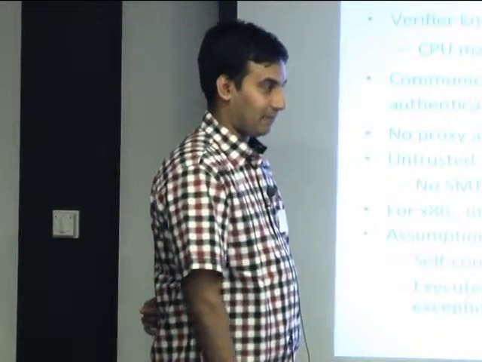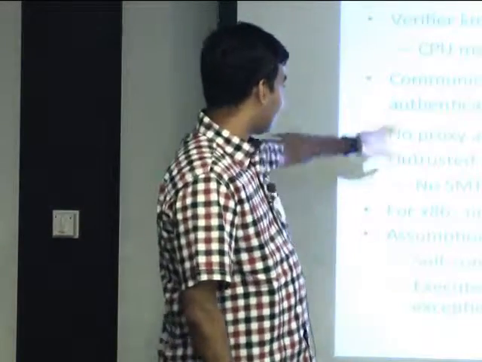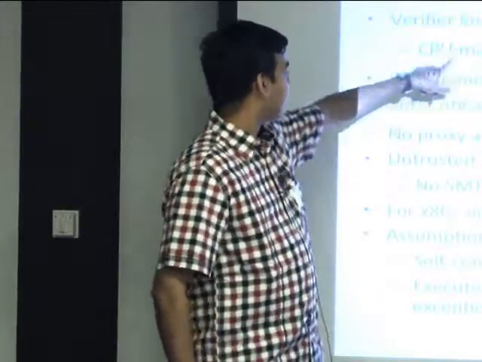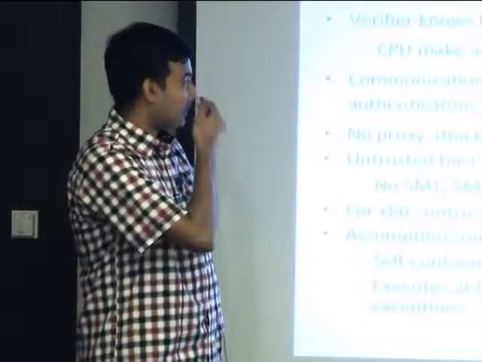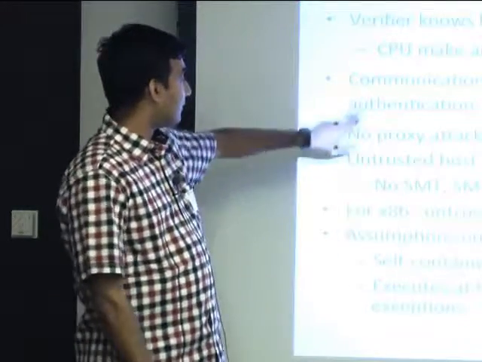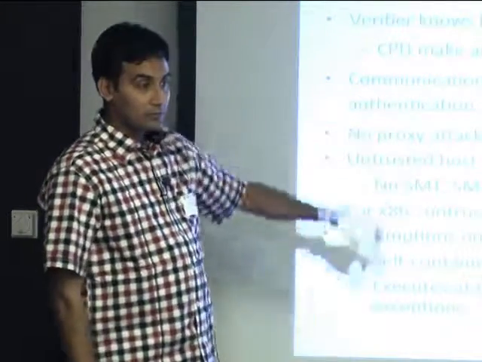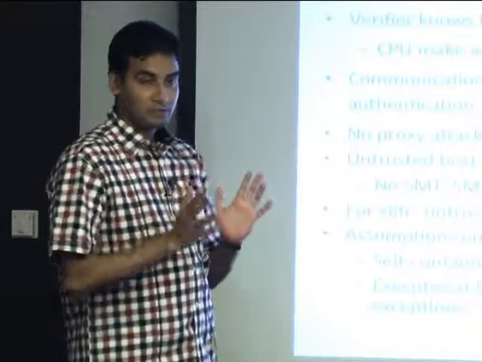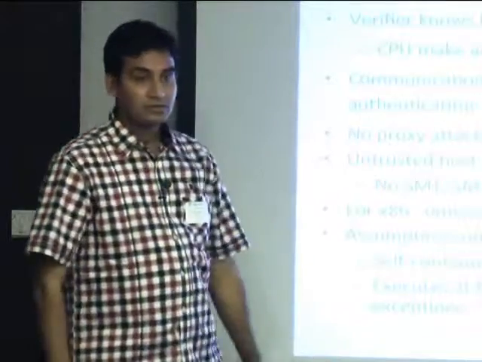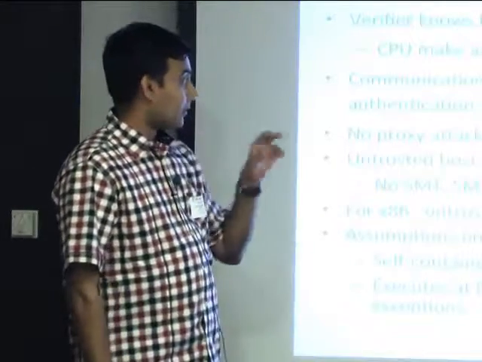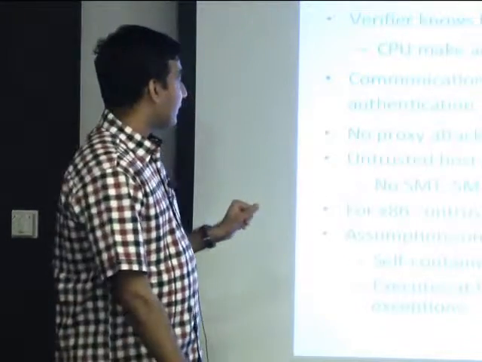Do you make assumptions about the hardware on which the attacker lives? Yes, right here. So we assume that the verifier knows the hardware configuration of the untrusted host, mainly the CPU make and model, because we would like to know the CPU clock speed and instructions available, things like that. System bus speed, not so important, especially in the second prototype that I'll show you.